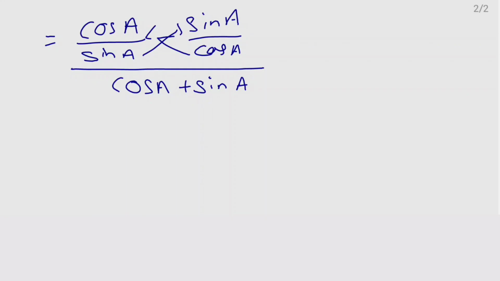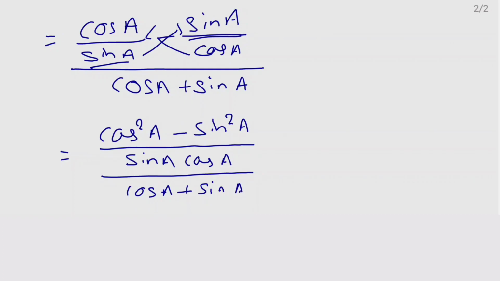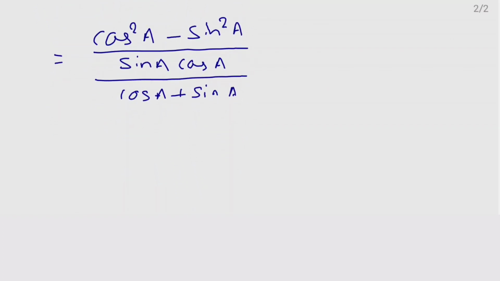Cos A into cos A become cos square A, and minus sin A into sin A sin square A, and this divided by sin A into cos A, and this whole divided by cos A plus sin A. And now here observe this one, cos square A minus sin square A, it is in the form of A square minus B square.